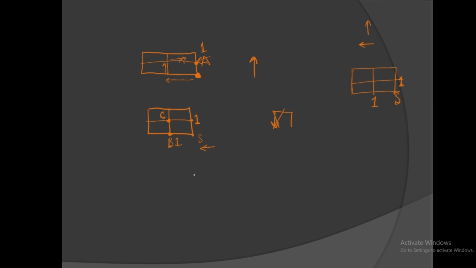We can go up from the starting point and then move to the left direction. Both movements are permitted. And we can also go from the start point to the left and then upward. So to get to the point C, we have two ways. We can go by either this way or this way.